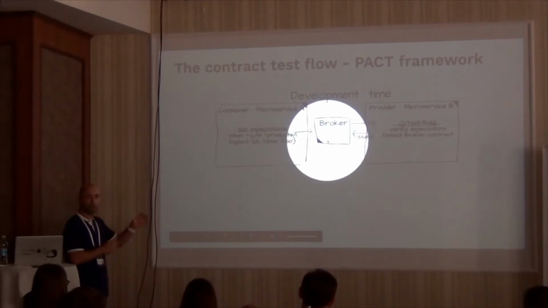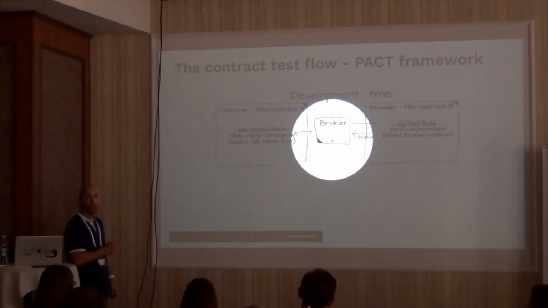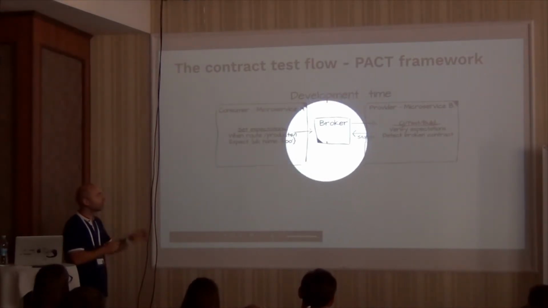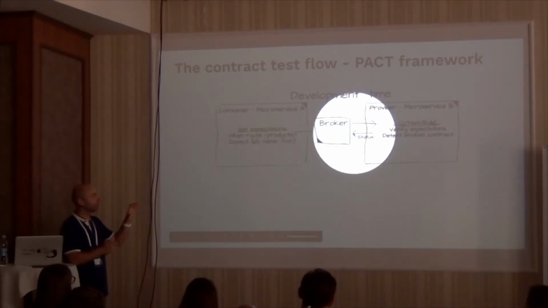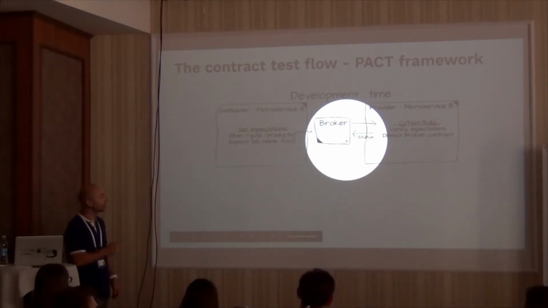A broker is some kind of medium in the middle between him and the provider, so both can read this file. Usually, it's a very specific service that is part of the framework, a Docker image that receives these files and visualizes them, as you're going to see soon.